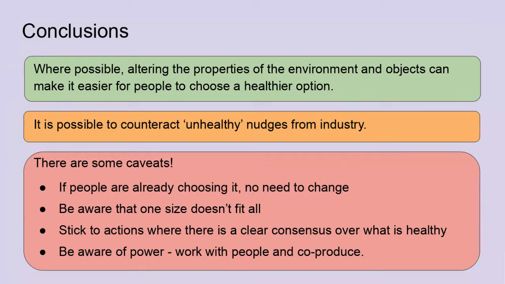Also, we're aware that industry uses these kinds of techniques to affect us, and it is possible to counteract these to some extent. But obviously there are some caveats, big caveats.